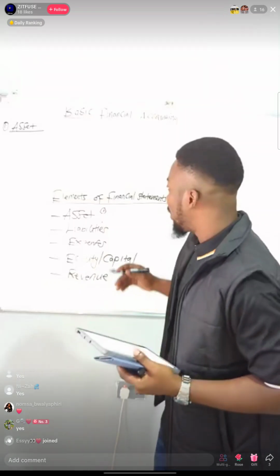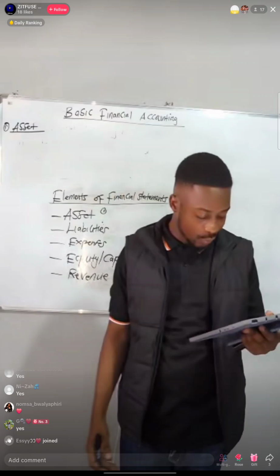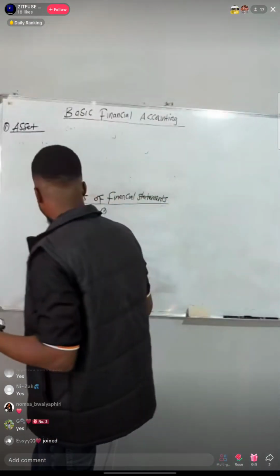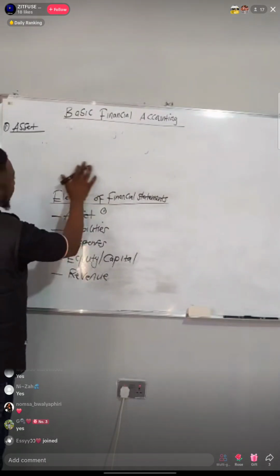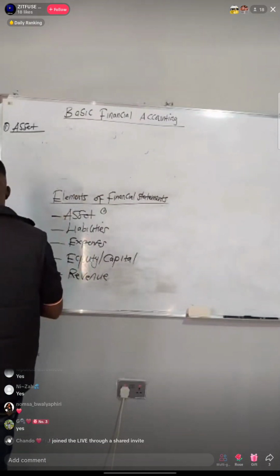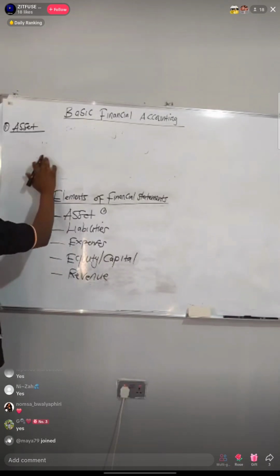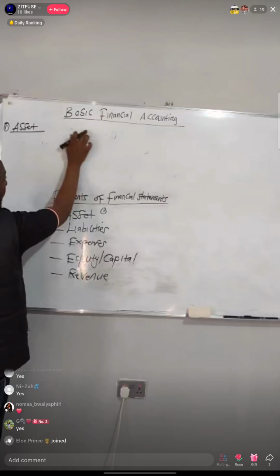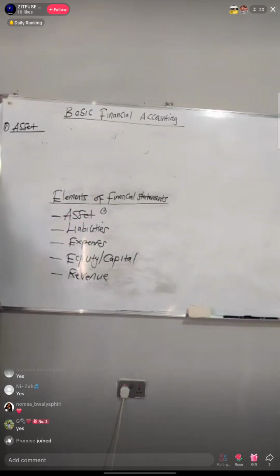So now, anyone who will help us define what an asset is, you can type in the comment section and I'll be able to read through there. So, when you talk about an asset, you're simply referring to a resource controlled and owned by an entity.